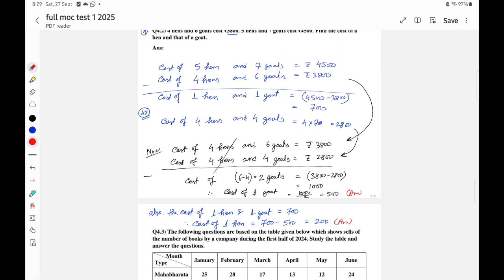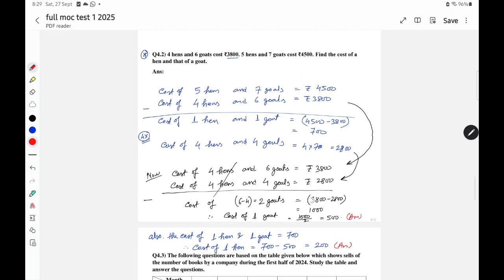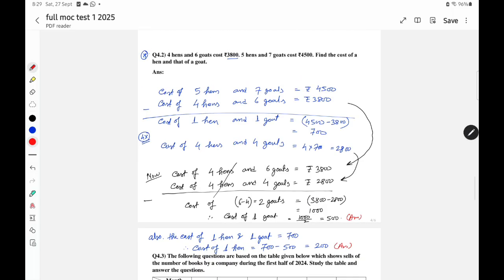So from the first given, if I subtract the first from the next, then we get 1 hen and 1 goat cost. Sometimes it is not always 1, that may be different, but by multiplying by a suitable number, here I multiplied by 4, you have to cancel out 1, hens or goats, whatever.